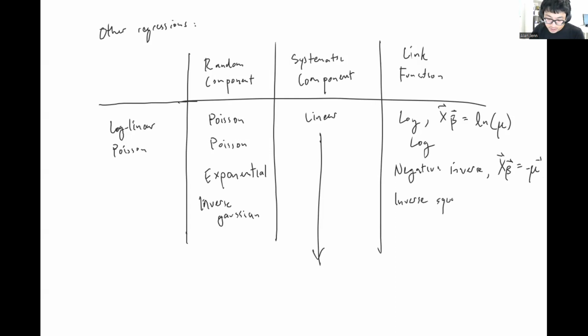Okay, so these are just a couple examples of possible GLM models that we're not going to cover.